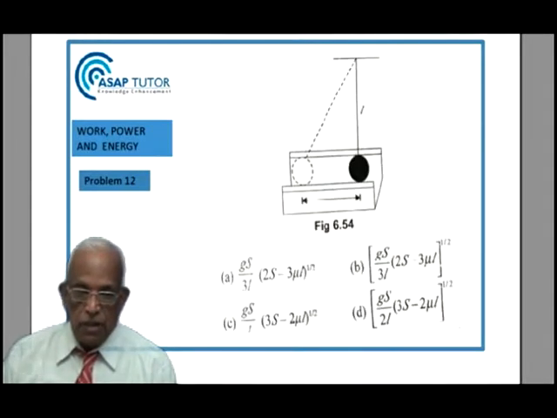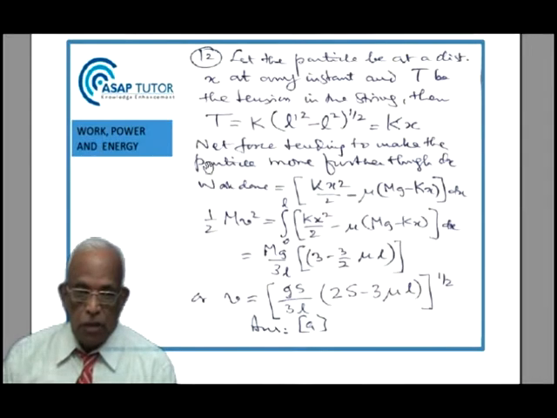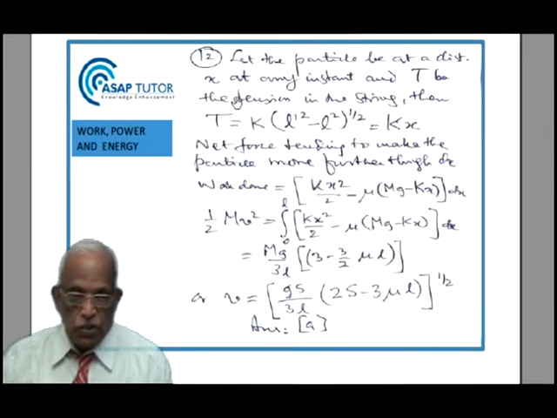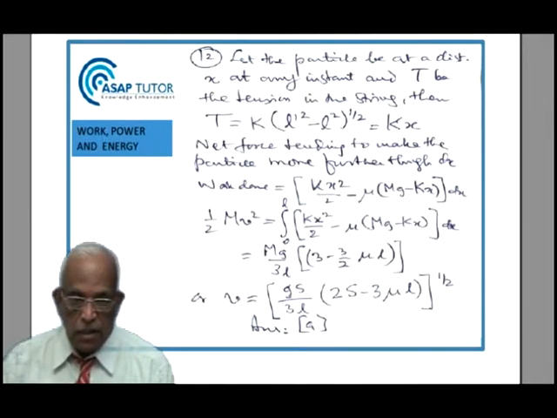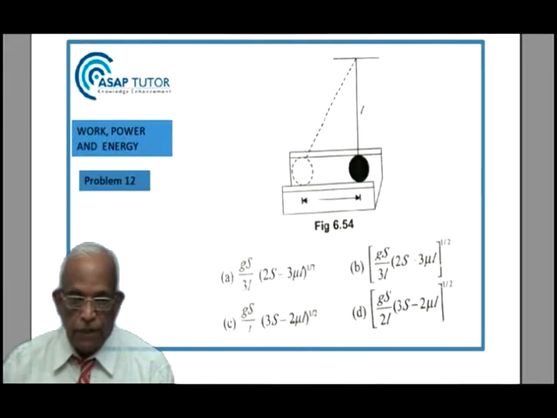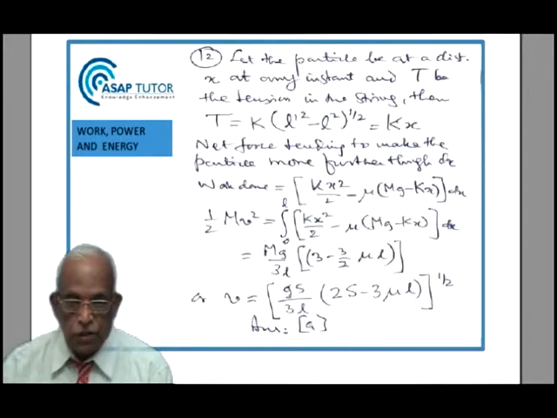This is the environment, and we are going to let the particle be at a distance x at any instant, and T be the tension in the string. Then T must be equal to K (L dash square minus L square) raised to half, that is K into x, which is given to me.